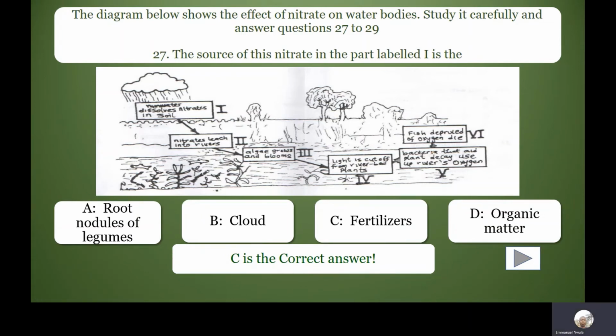When you apply fertilizers to your crops, sometimes they are washed into water bodies by rain or flooding, and that could lead to overgrowth of the algae in the water body, algal bloom. So fertilizers contain nitrates.